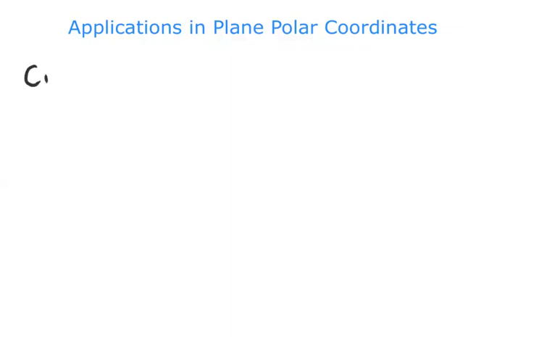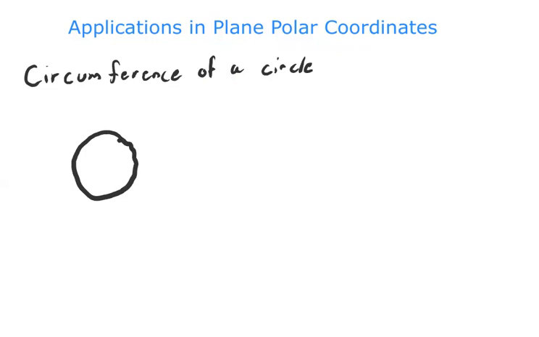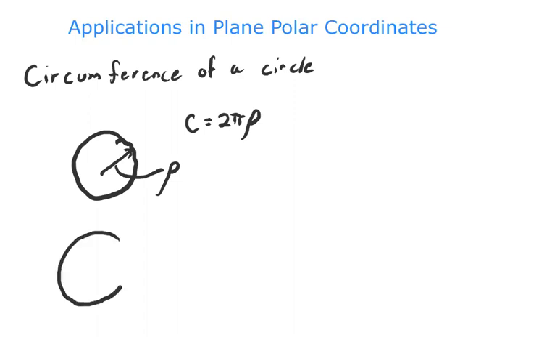Let's talk about the circumference of a circle. Suppose you have a circle that has a radius of rho. You know the circumference of this circle from high school mathematics is just 2 pi rho. So is there a way to in fact prove that? Well, there is.